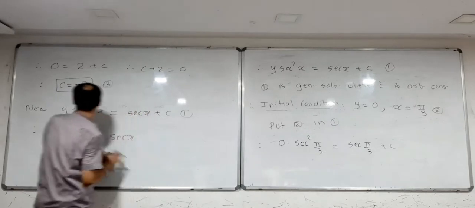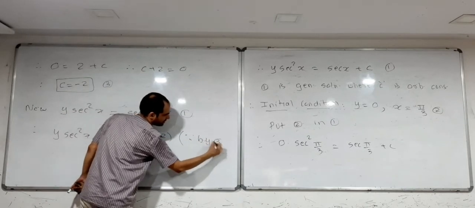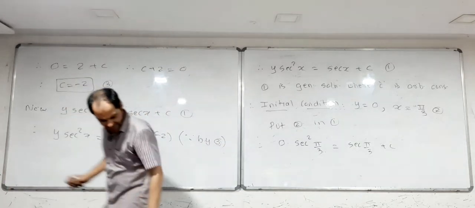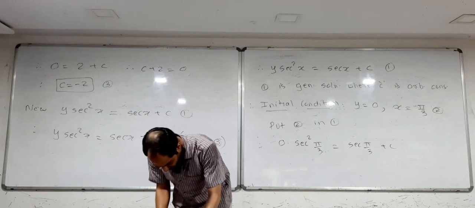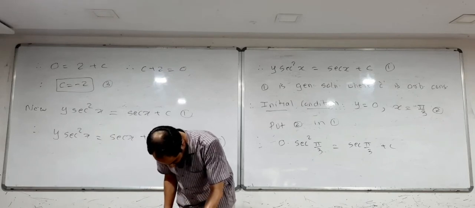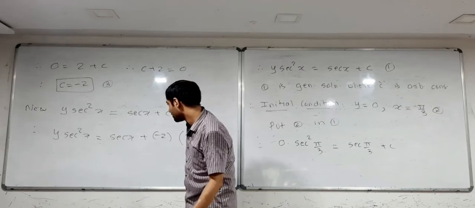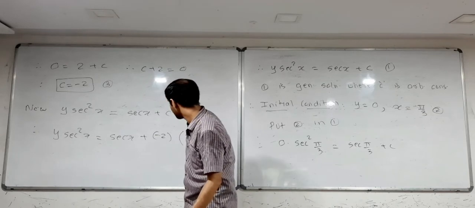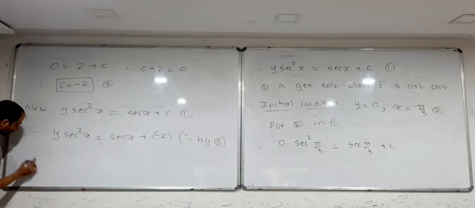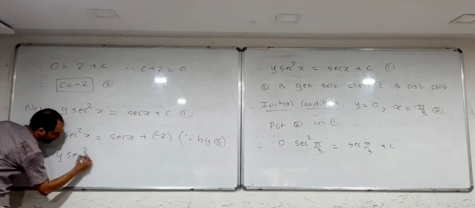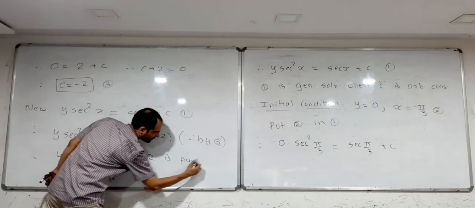So the particular solution is y into sec square x is sec x minus 2. If converted into cos, y is equal to cos x minus 2 cos square x, perfect. Otherwise you can give this also as the answer.